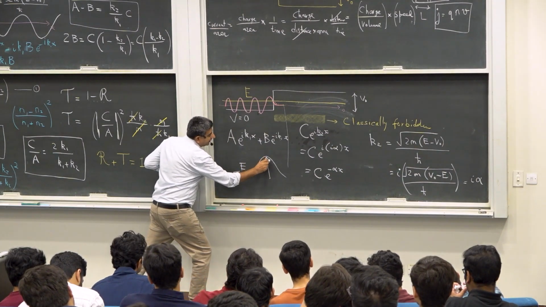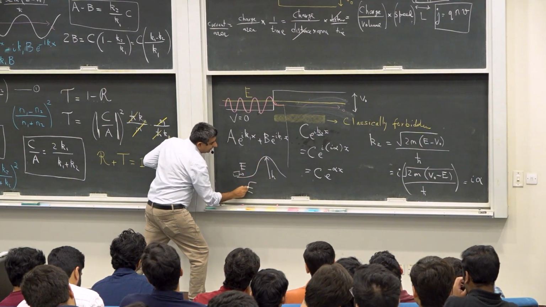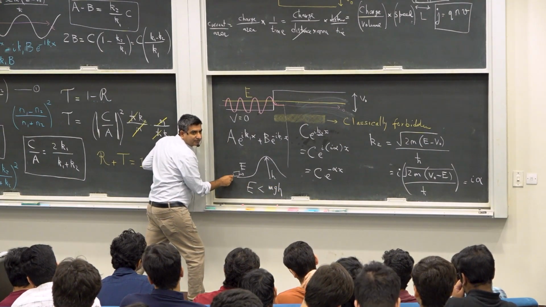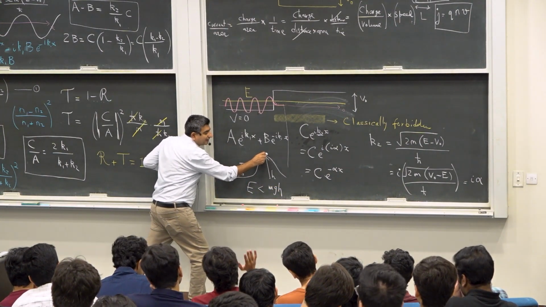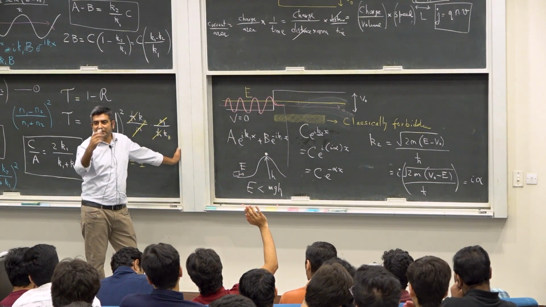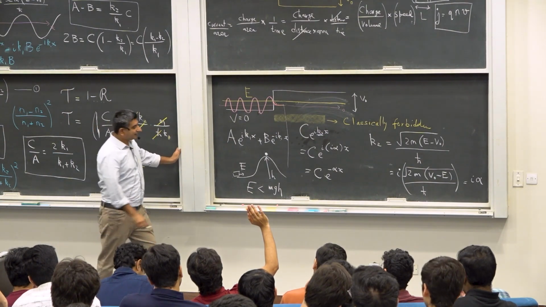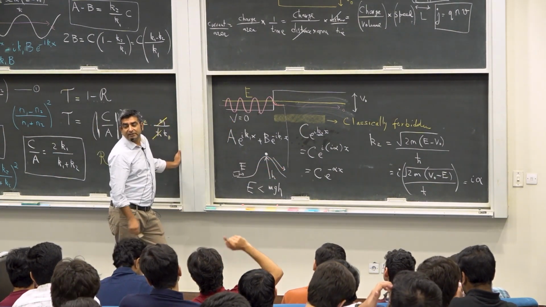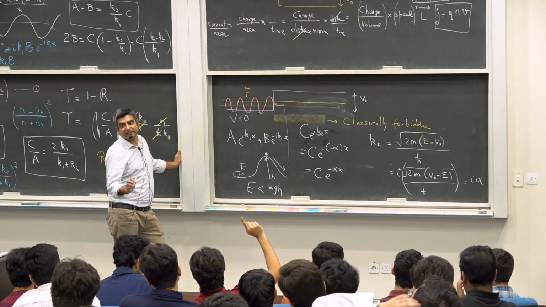If this E is less than mgh, this object cannot get up to the summit of this hill without additional fuel or without ramping up its energy somehow. And there's no chance that it can be found on the other side of the hill. This is classically forbidden. Quantum physically, it is possible.